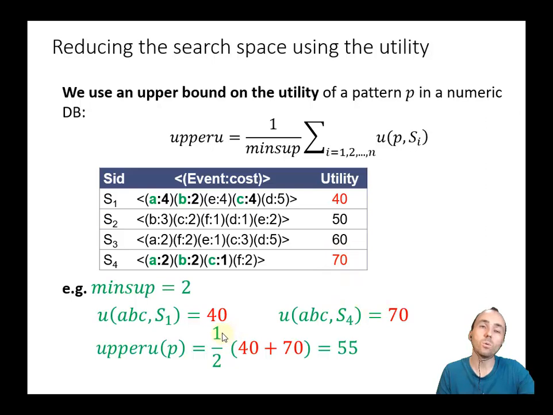So 1 divided by 2, the minimum support, multiplied by the sum of the utilities, 40 and 70, gives you an upper bound on the utility, which is 55. So the real average utility of ABC must be smaller or equal to 55, because this is an upper bound on the real average utility of ABC.